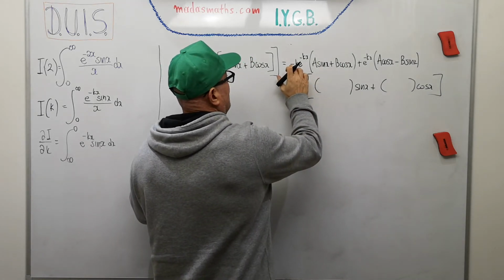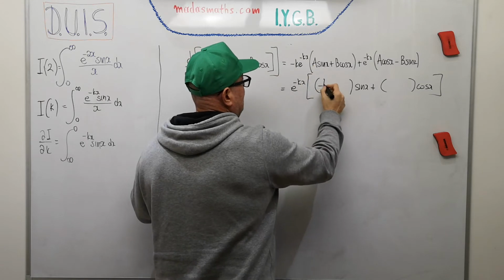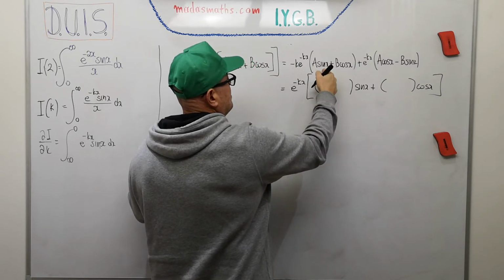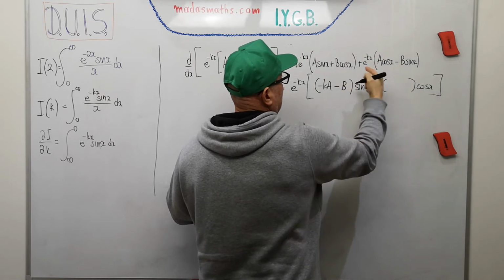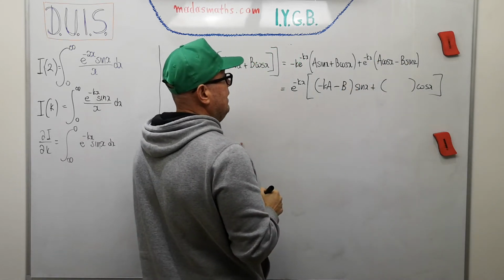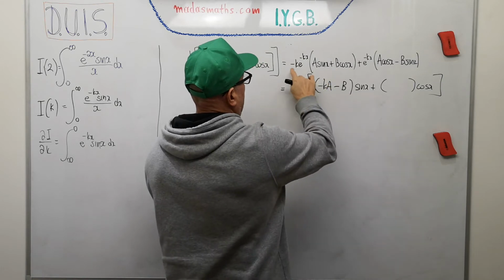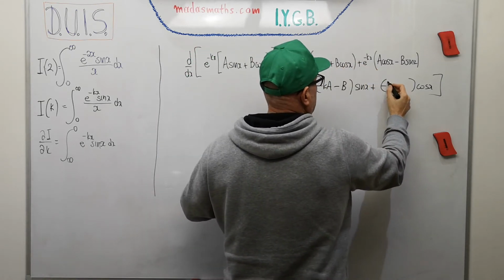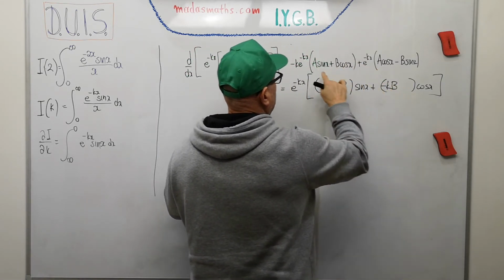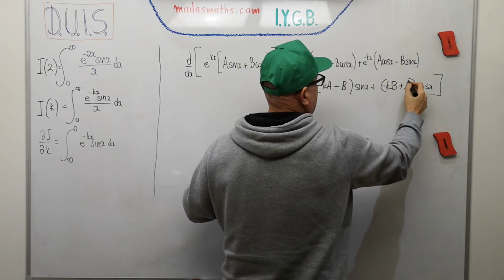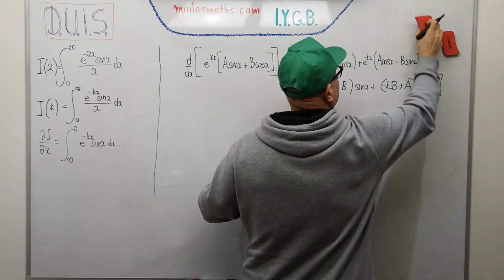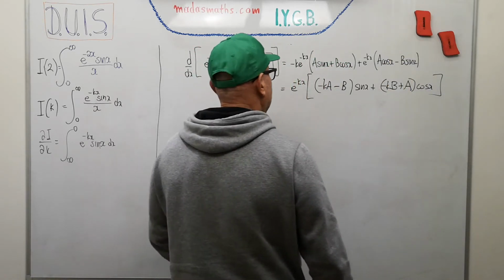Minus kA, that's from this sign here, and I've got minus B from this sign there, and the cos bits minus kB, and I got cos from there plus A. Couldn't have been uglier than that. I think there's a conspiracy to just annoy me, really.